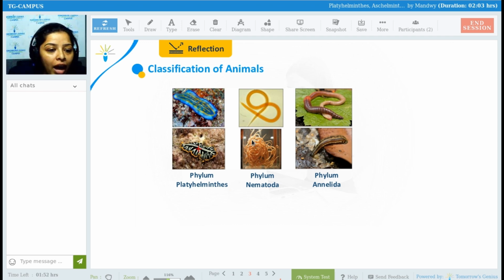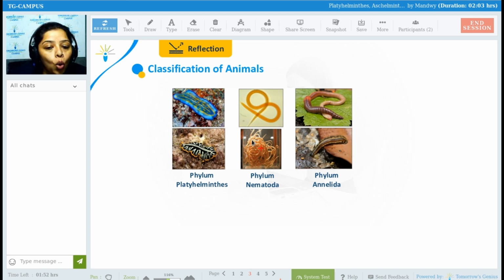Below that, again, they have a flat body shape, right? So flat means Platyhelminthes. Okay, they are round, rod-shaped organisms, right?